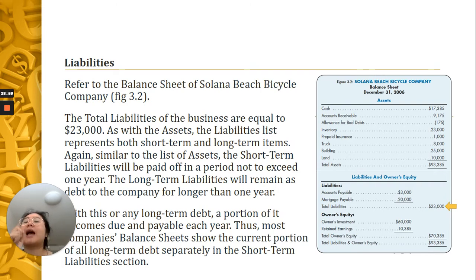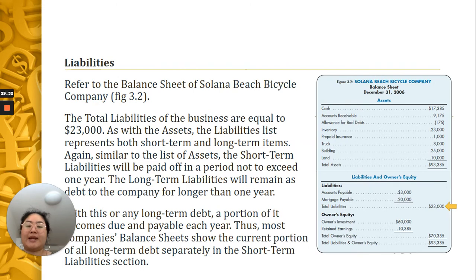For this one, refer to this picture, figure 3.2, the balance sheet of the Solana Bicycle Company as our example. The liabilities you can see here are accounts payable and mortgage payable, which add up to the total liabilities. The total liabilities of the business are equal to 23,000.